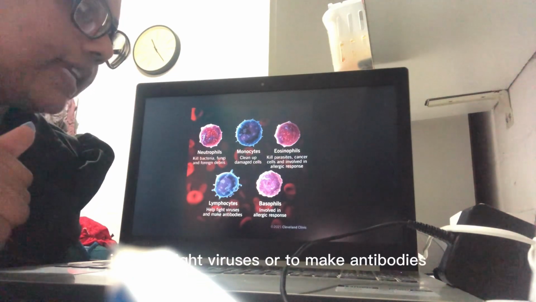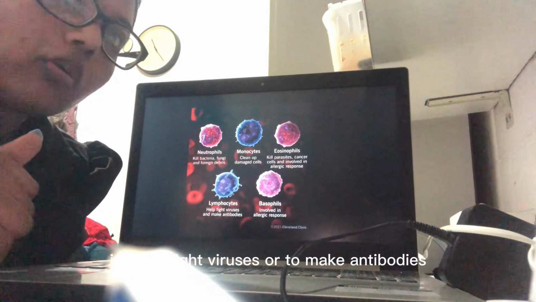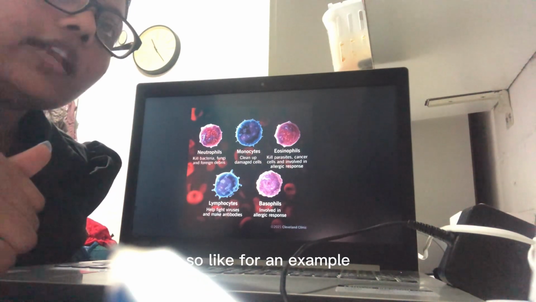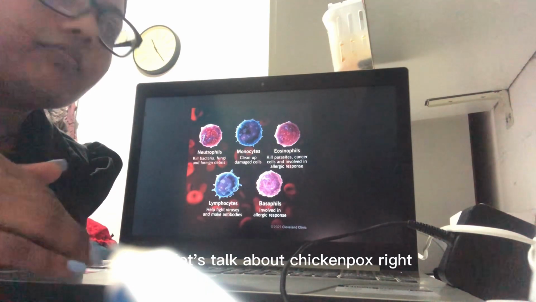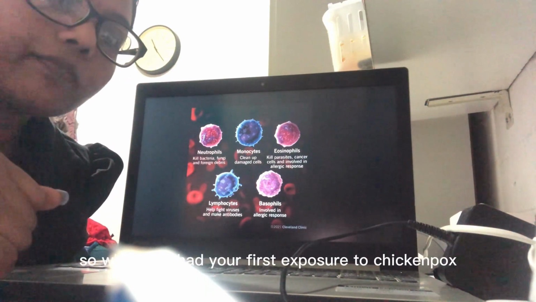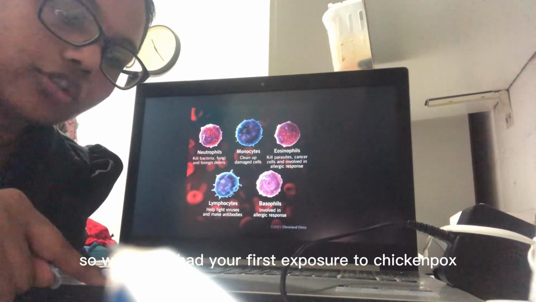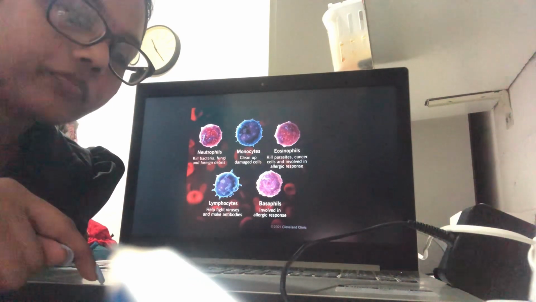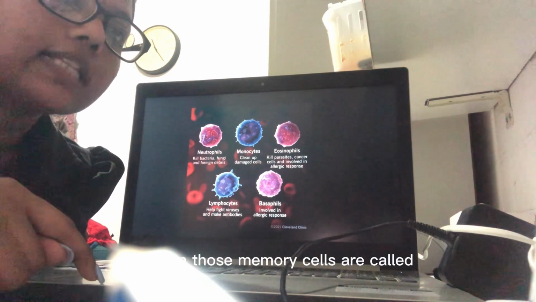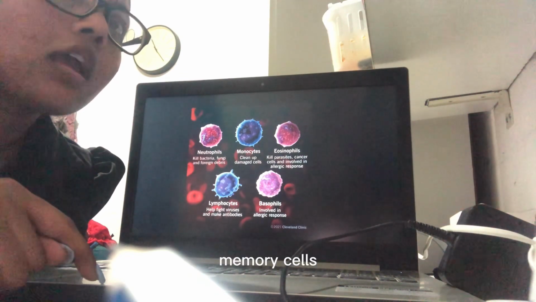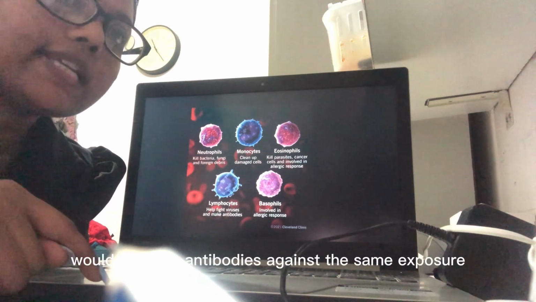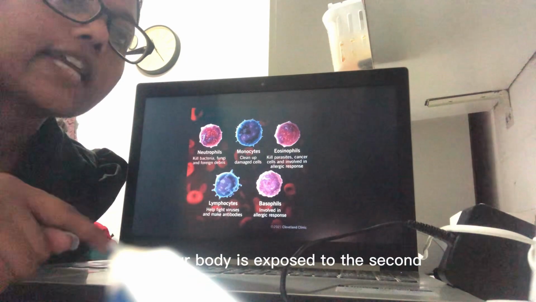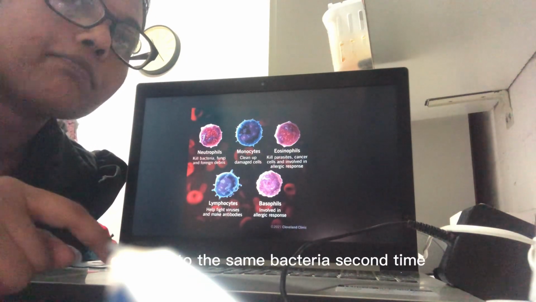And lymphocytes help fight viruses and make antibodies. Antibodies are basically markers. For example, let's talk about chickenpox. When you had your first exposure to chickenpox, your body stored memories, and those memory cells would produce antibodies against the same exposure when your body is exposed to the same bacteria a second time.